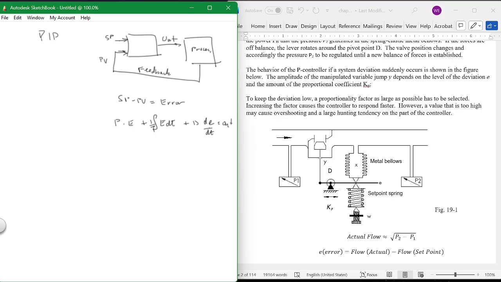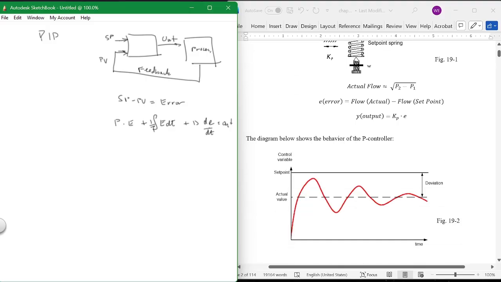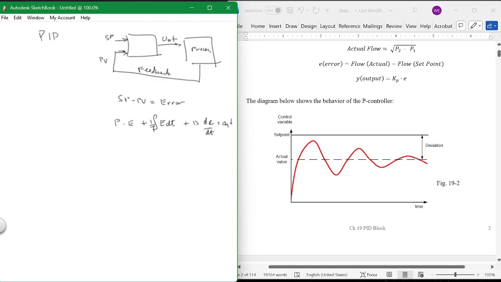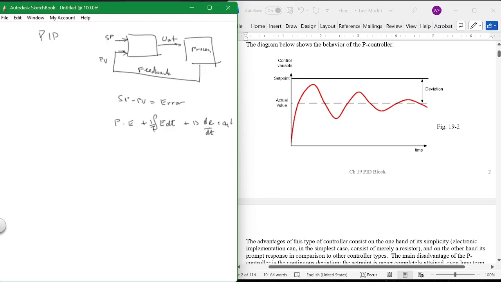So if you move this fulcrum back and forth, you get more or less of a flow based on the pressure of the bellows. Okay, and by the way, this is proportional only, and you never get to zero error with the proportional only. You only get to a percentage of the error with proportional only. But you'll get something that looks like this as a response. But it's never to the set point. With just the proportional, it's never going to go straight to the set point.